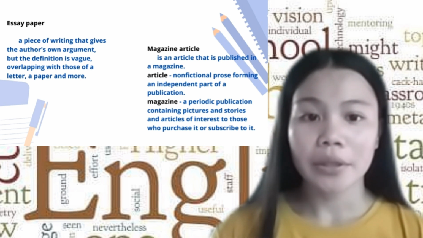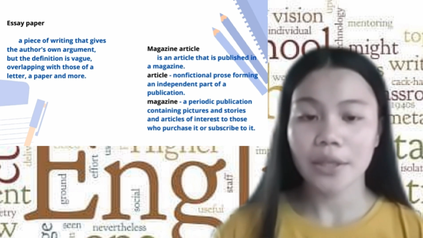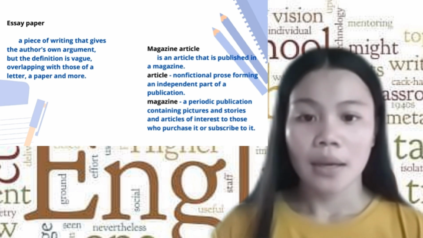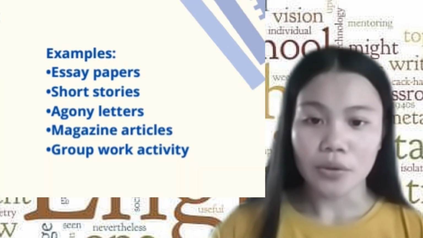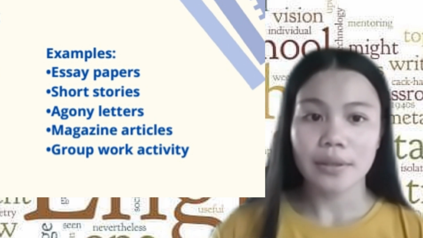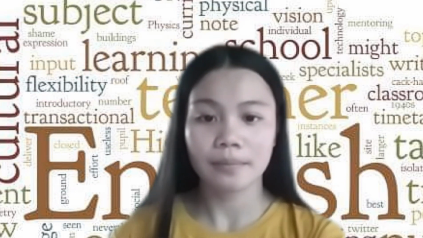A magazine is a periodic publication containing pictures, stories, and articles of interest to those who purchase or subscribe to it. Other examples of stimulus materials are short stories, agony letters, group work activities, and more. So that's all of my topic.